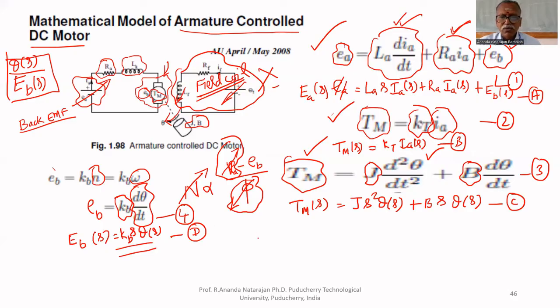So we can write EA of S equals LAS plus RA multiplied by IA of S plus KBS theta of S. Why? Because D says EB equals KBS theta of S. That's why we wrote KBS theta of S here.